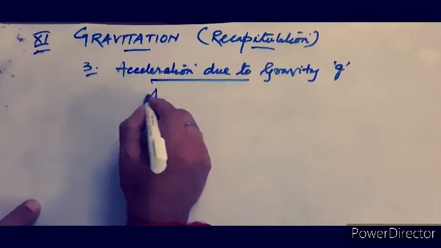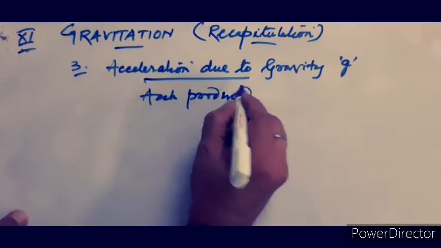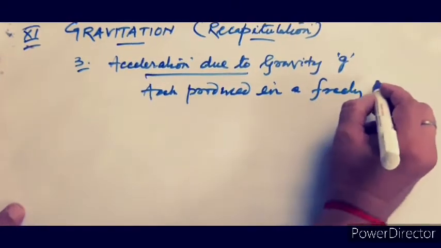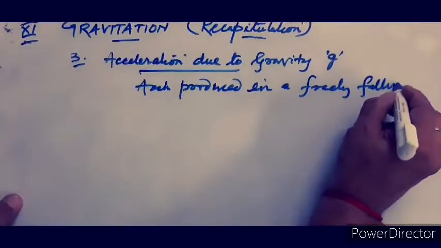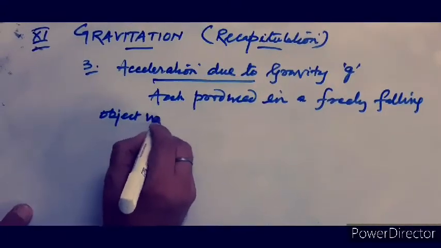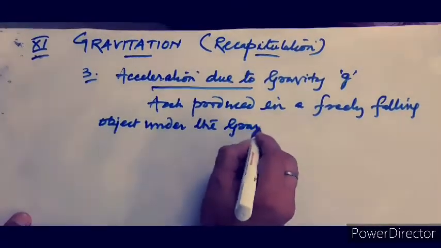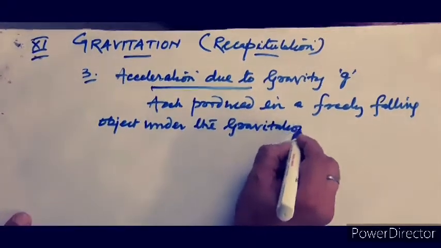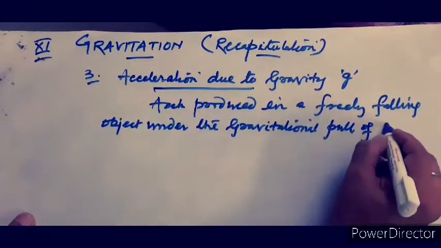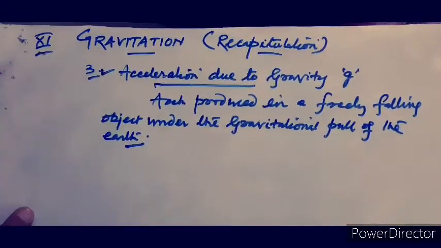The acceleration produced in a freely falling object under the gravitational pull of the Earth is known as the acceleration due to gravity.